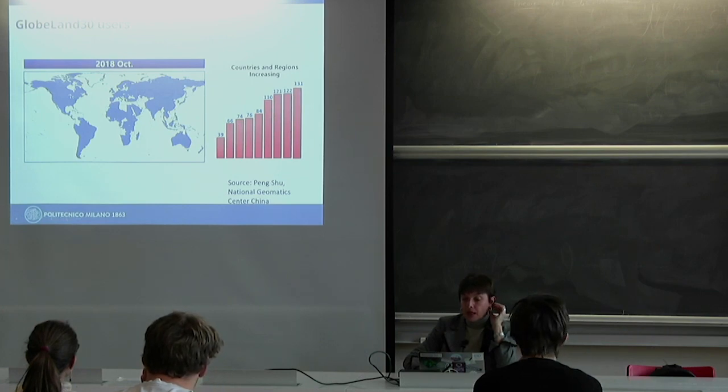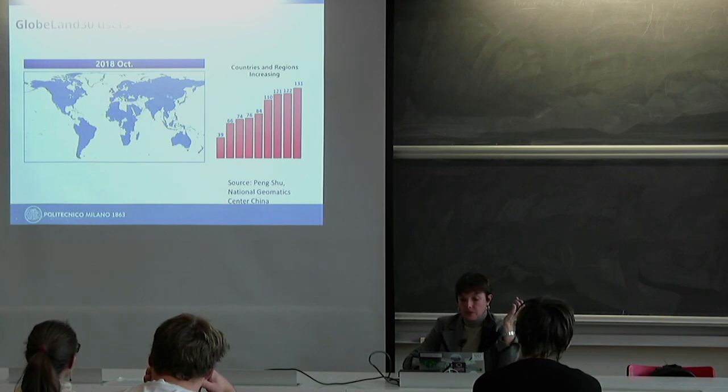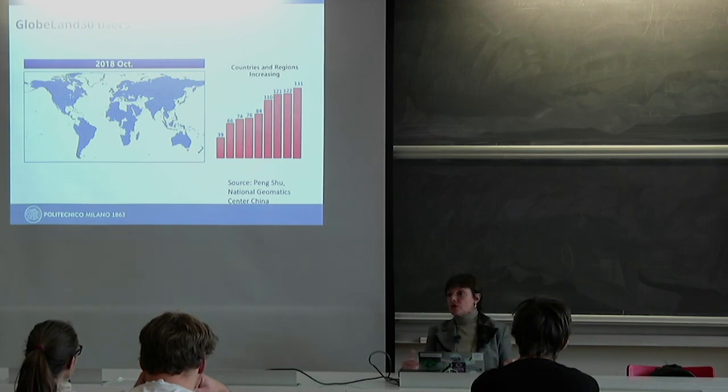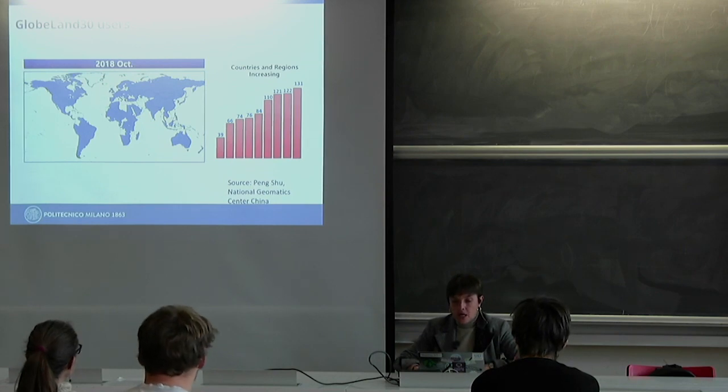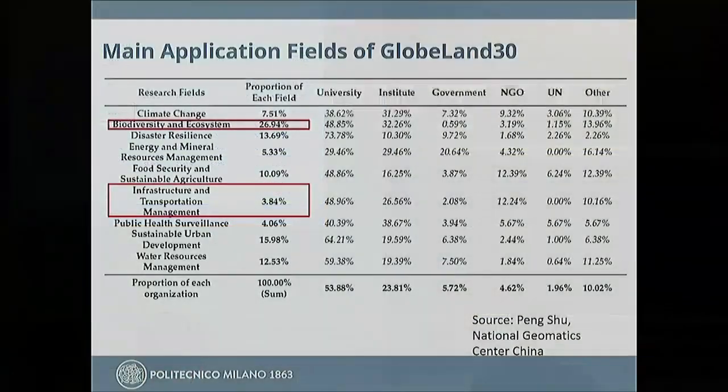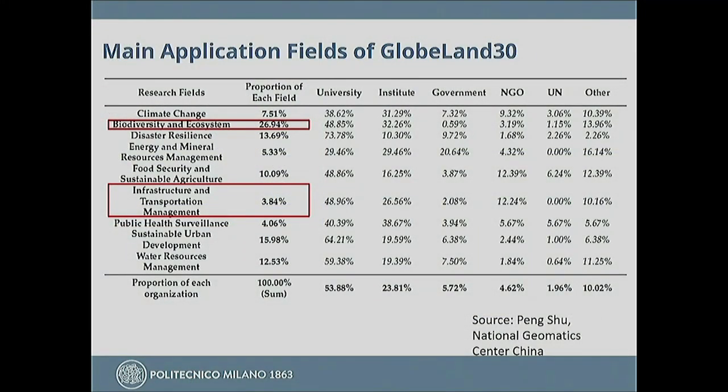On the opposite, now the countries using this map for different reasons has increased to 131. So it means that it is really a product that is used by many, not only researchers, but also agencies at worldwide level.